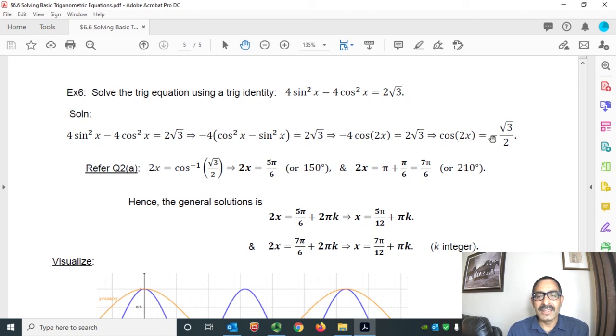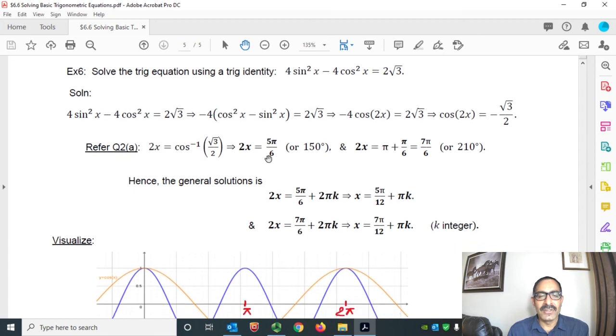Cosine is negative in the second quadrant and in the third quadrant, so I need to pick angles in the second and third quadrant. Here, multiply both sides by the inverse cosine. Then the left side is 2x, the right side is cosine inverse of minus radical 3 over 2. It's a typo with the minus here. So that means 2x equals, one angle is 150 degrees in the second quadrant and another one is 7 pi over 6 or 210 degrees in the third quadrant.